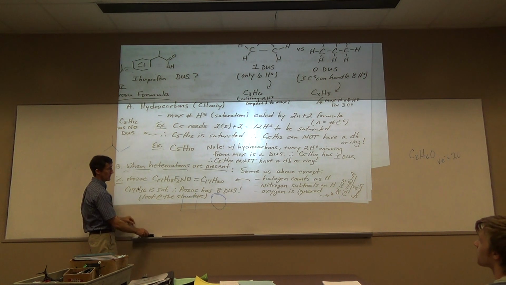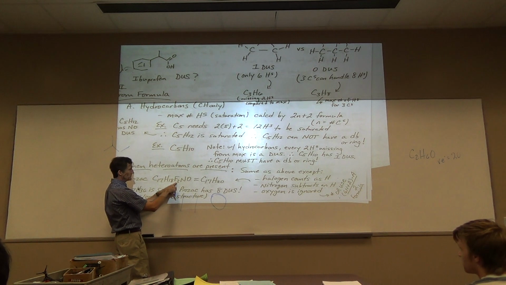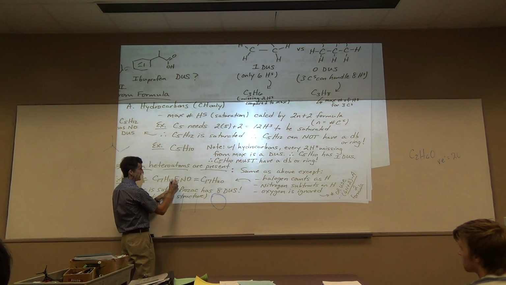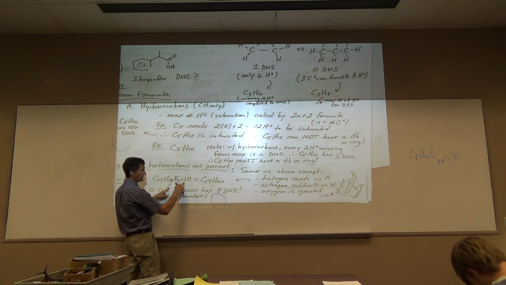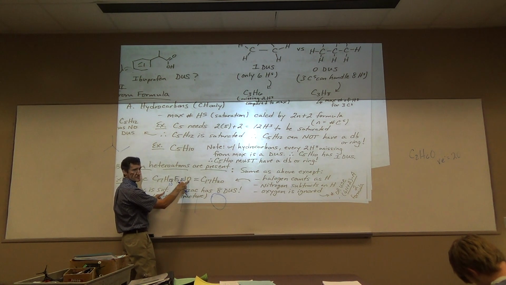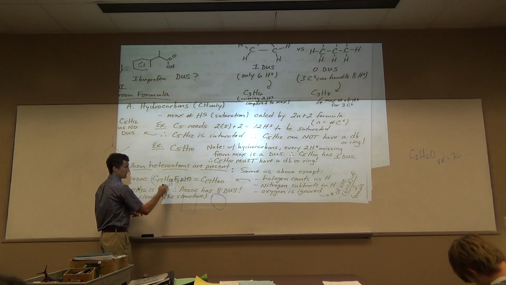What do we do with a halogen? It counts as an H. So the halogen, we can get rid of it and change this 18 to a 21. What does nitrogen do? Subtract. We can get rid of that and that takes us down to 20. What do you do with oxygen? It's ignored. So the presence of that turns it into this, which I wrote here.